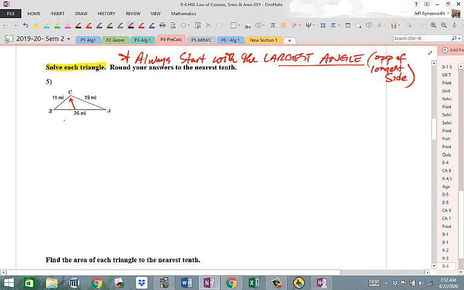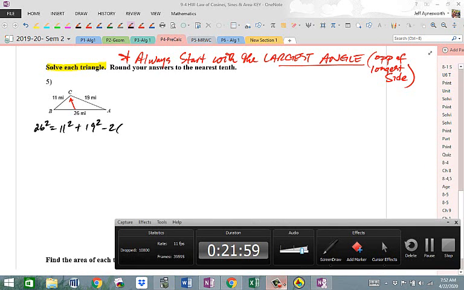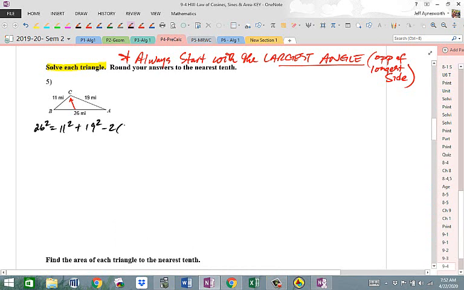So I have 26 squared is equal to 11 squared plus 19 squared minus 2 times the product of 11 times 19 times the cosine of the angle that I'm finding, which happens to be angle C. Like on the previous problem, I have to do a little arithmetic.